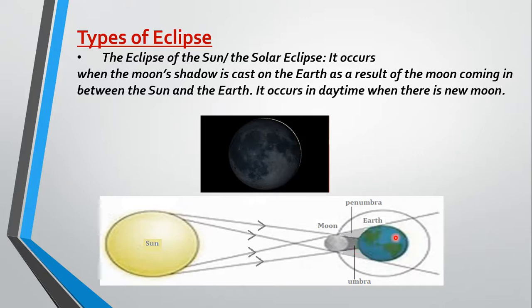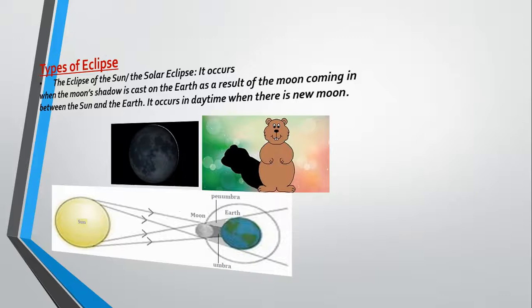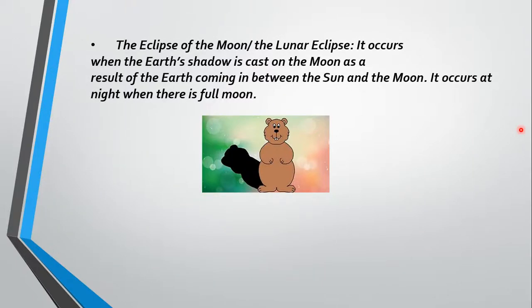Now let's move on to the second type of eclipse to get a difference. Good. Here we're looking at eclipse of the moon or lunar eclipse. We are saying it occurs when the Earth's shadow is cast on the moon as a result of the Earth coming in between the sun and the moon.